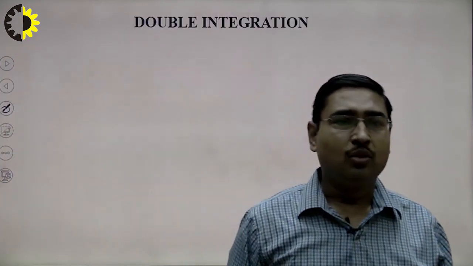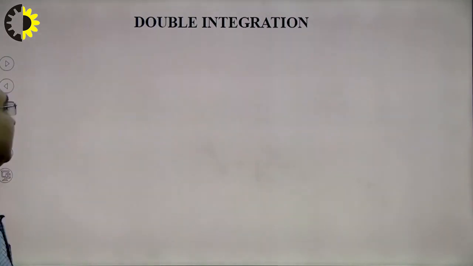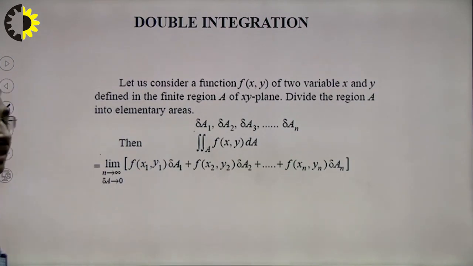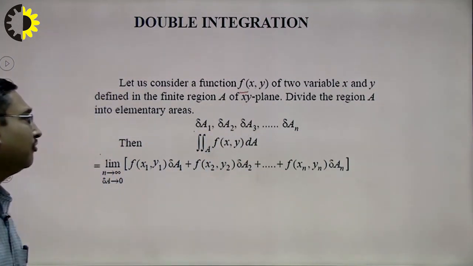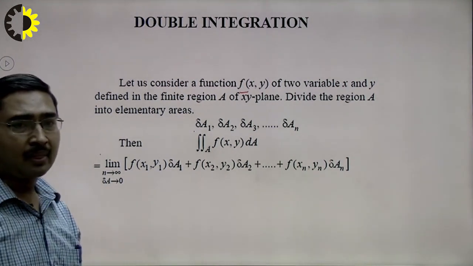Now we are going to generalize this concept to two variables, and here we are introducing double integration. Let us consider a function f(x,y) of two variables x and y defined in a finite region A of the xy plane.